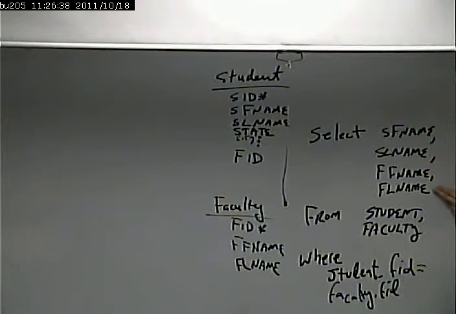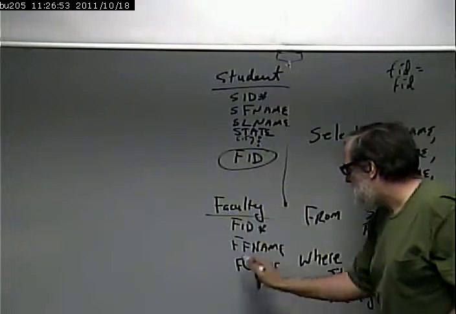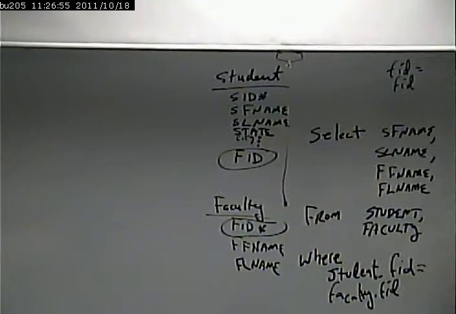Likewise, here where I'm matching up student FID and faculty FID, I couldn't say where FID equals FID because there's two FIDs in play. All right? Therefore, I have to say, well, what do I want to really do?